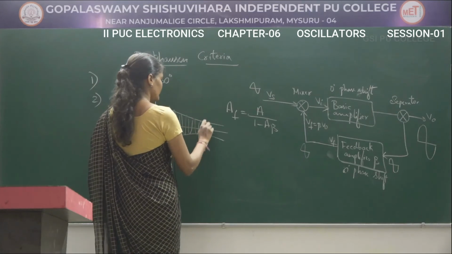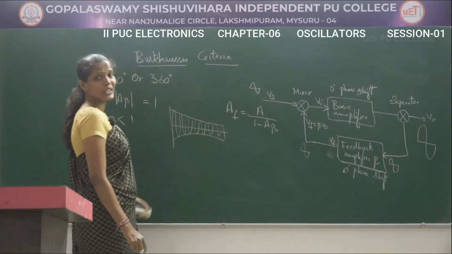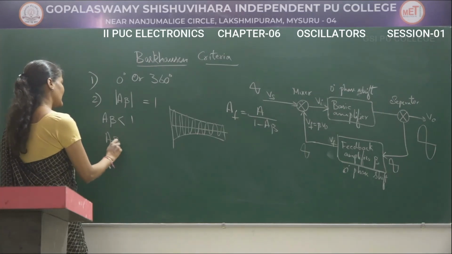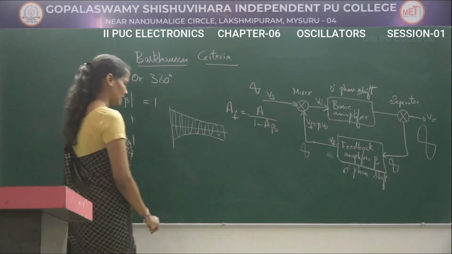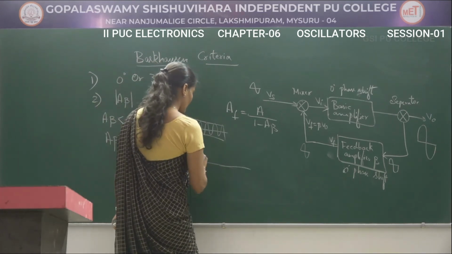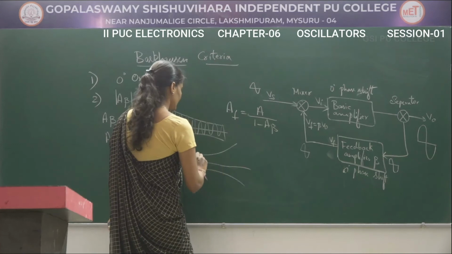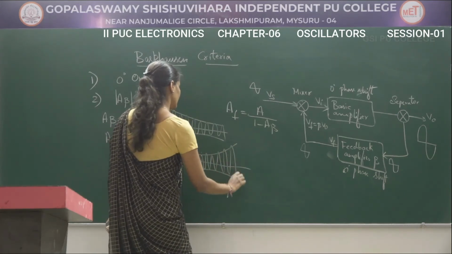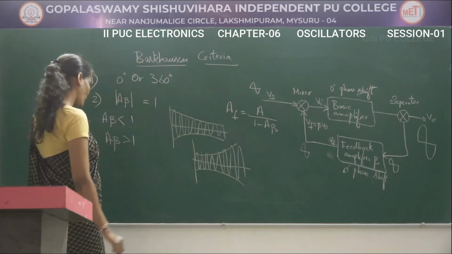The amplitude keeps on decreasing but the frequency remains constant. The second case is A beta greater than 1. Again we get a damped oscillation, but the amplitude in this case keeps on increasing while the frequency remains constant.